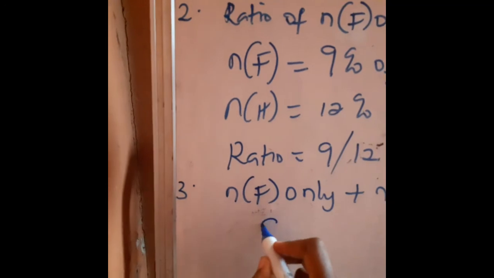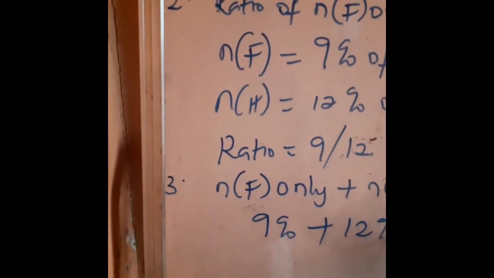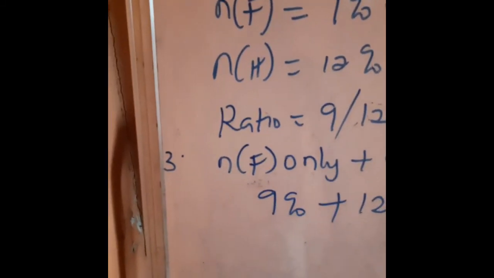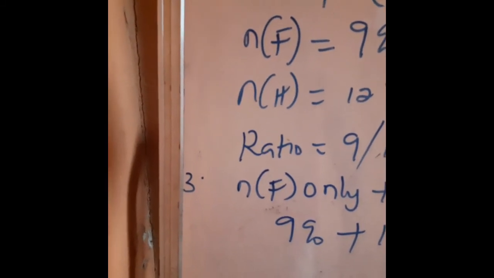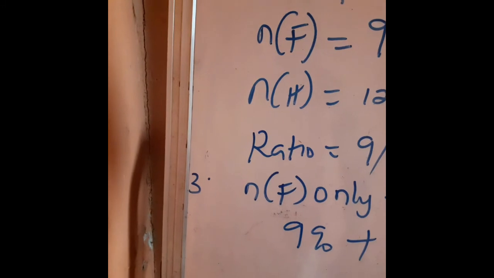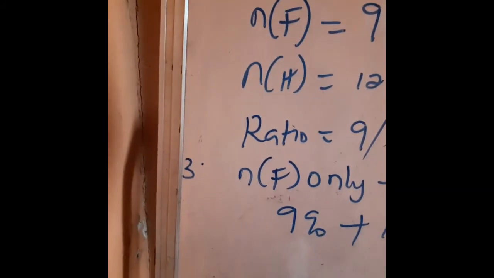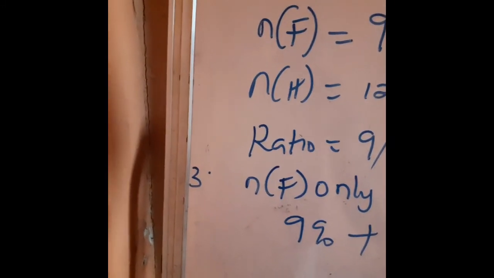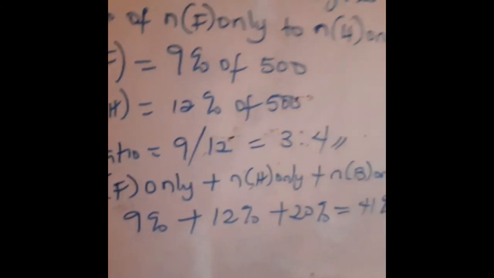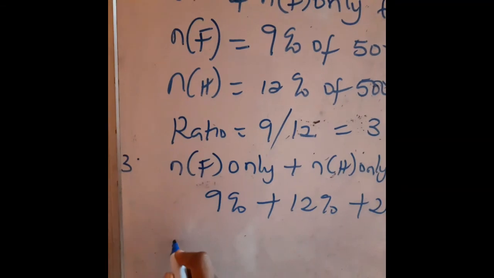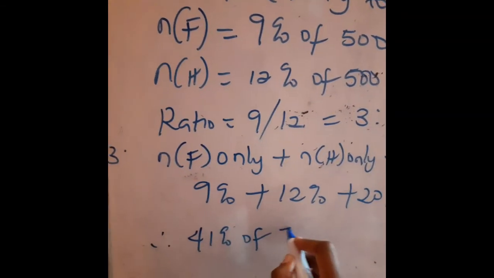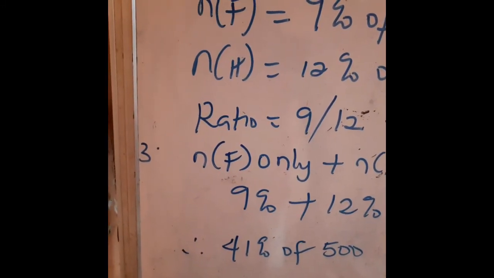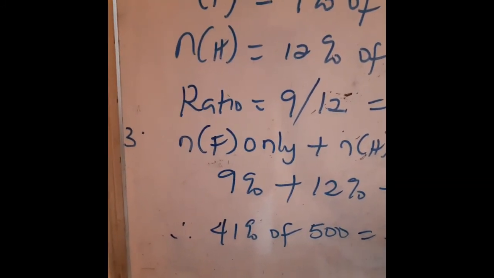So from here we have 9% plus 12% plus 20%, which gives us 41%. So 41% of 500 gives us 205 students.